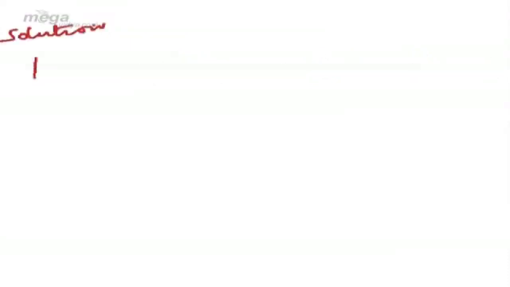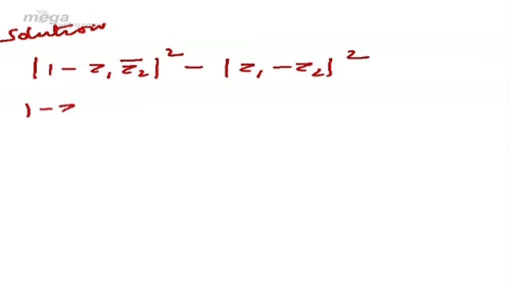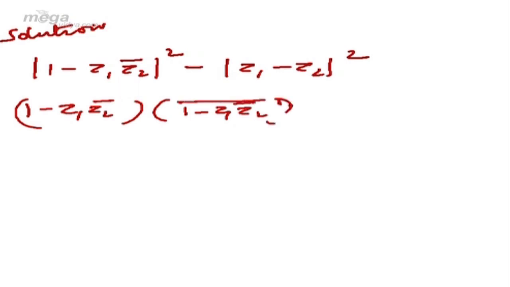We are given mod of (1 minus z1 z2 bar) square minus mod of (z1 minus z2) square. This is (1 minus z1 z2 bar) into its conjugate, minus (z1 minus z2) into its conjugate.